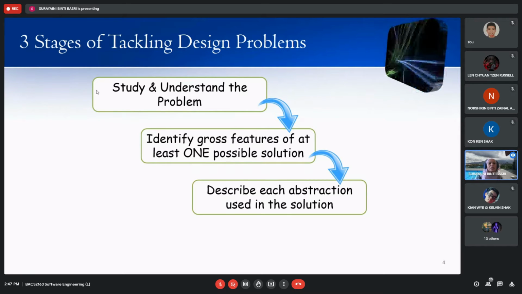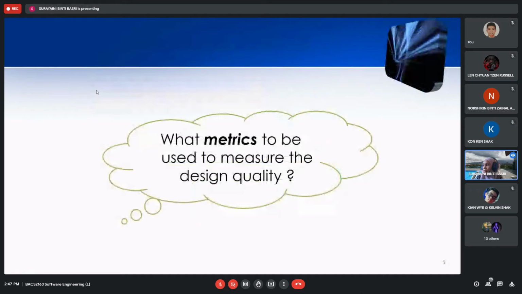So what metrics are used to measure the design quality? This one we will learn later. As in our agenda today, we will learn the four design quality metrics. For the moment, maybe you can try to think about what qualities our design must have.